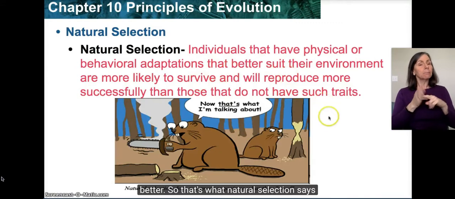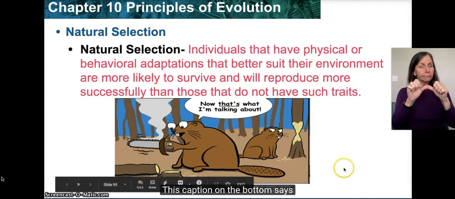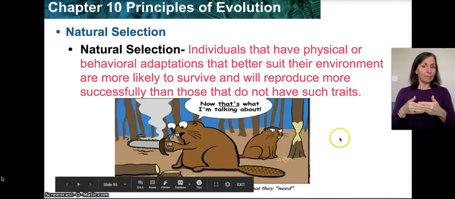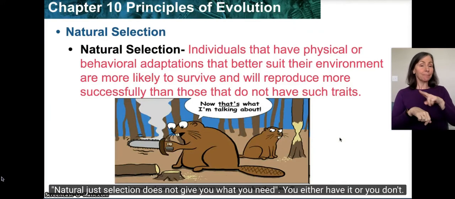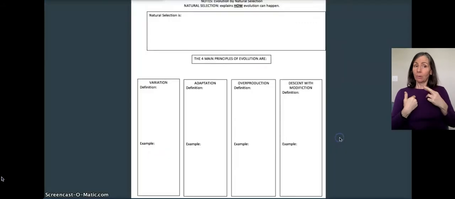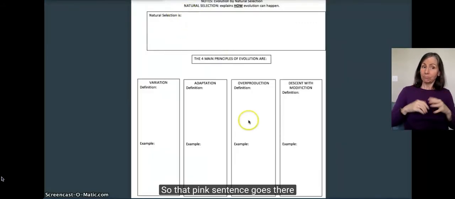So that's what natural selection says. This caption on the bottom says, natural selection does not give you what you need. You either have it or you don't. So that pink sentence goes there.